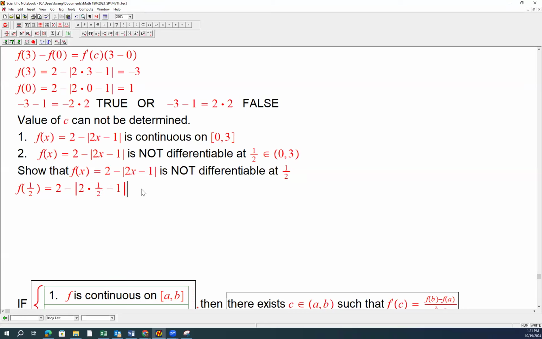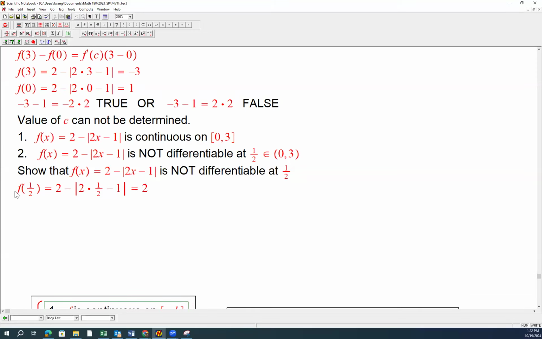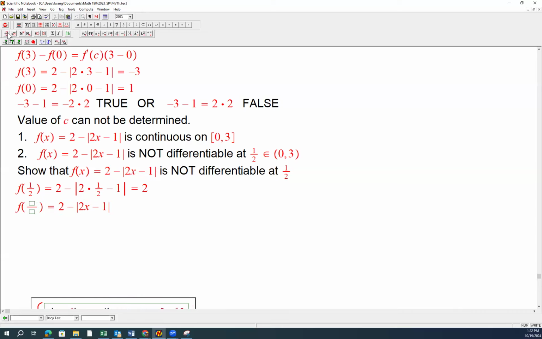What does this equal? It equals 2. Next will be half plus h. This will be the perfect opportunity for you to enhance your algebra. So half plus h, and you know where we're heading. We're just heading to the definition of the derivative. Let's see what we get.